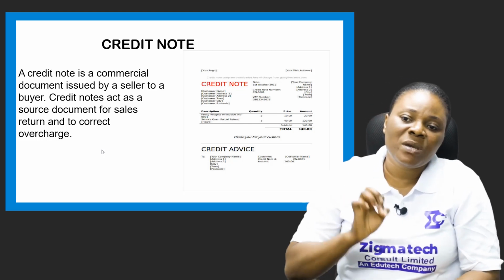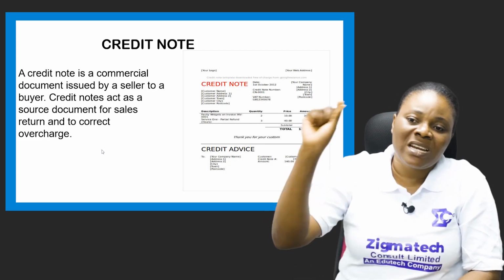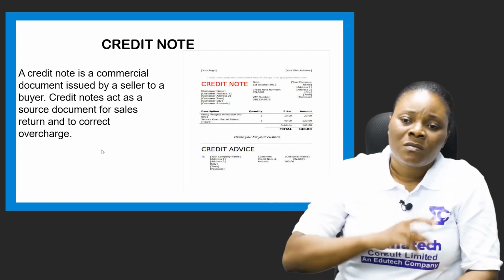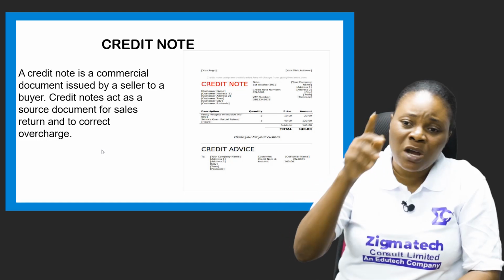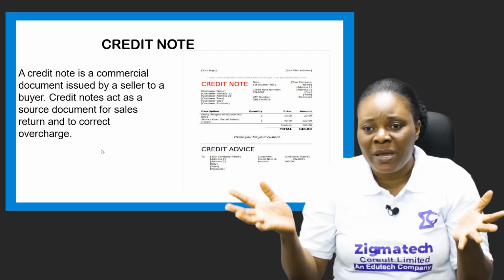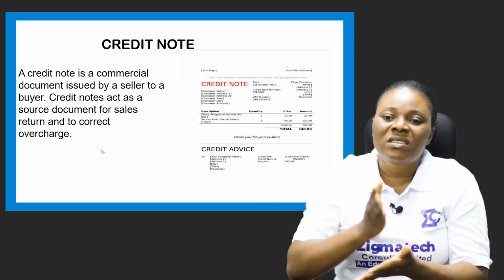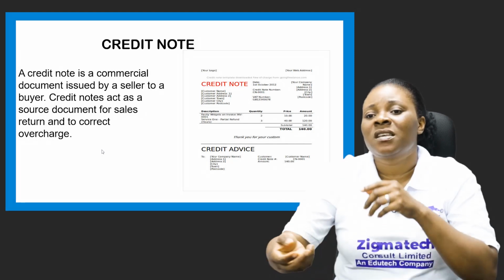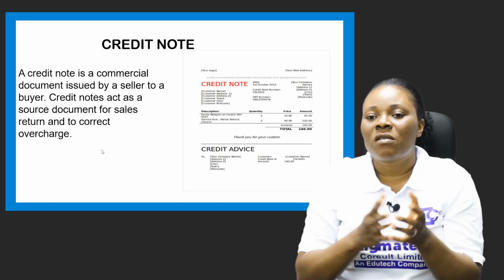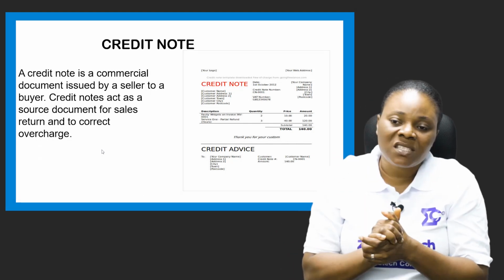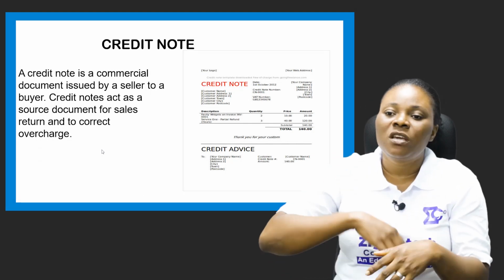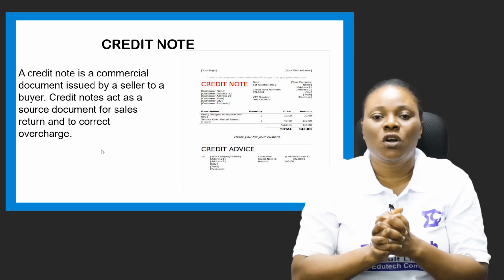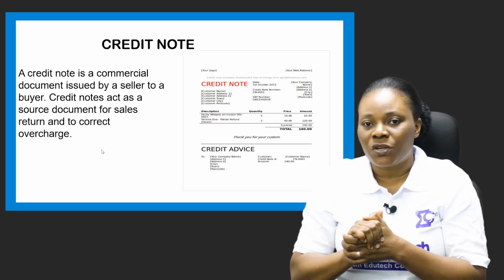For the seller to be able to return such an amount of money to you, because the invoice has already been prepared and the mistake on the invoice has to be corrected, instead of the invoice being torn or rendered useless, the credit note has to be used for the correction of such an overcharged transaction.